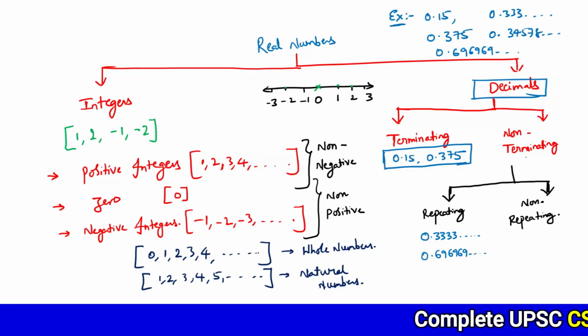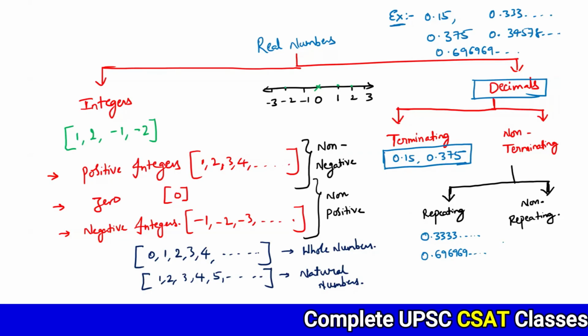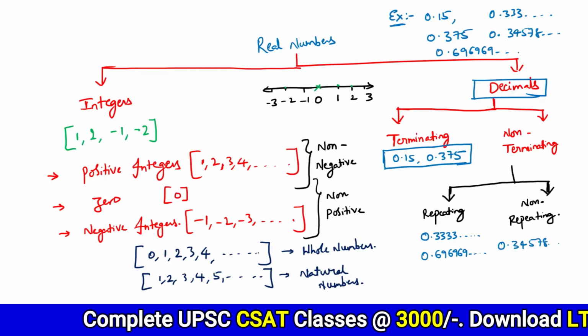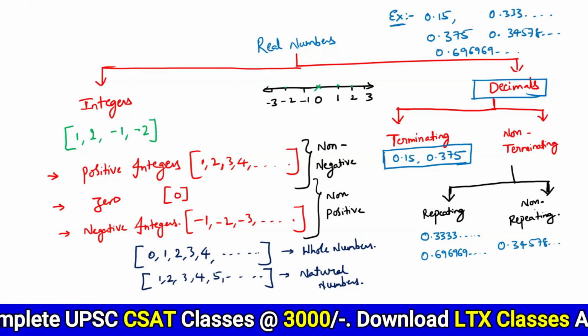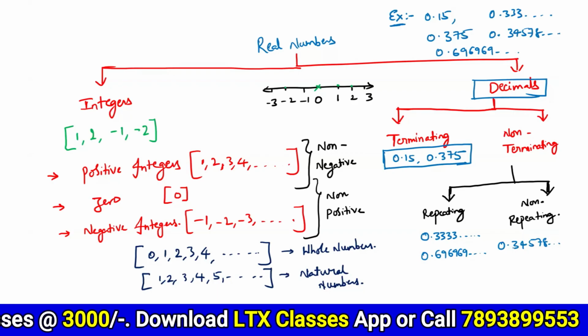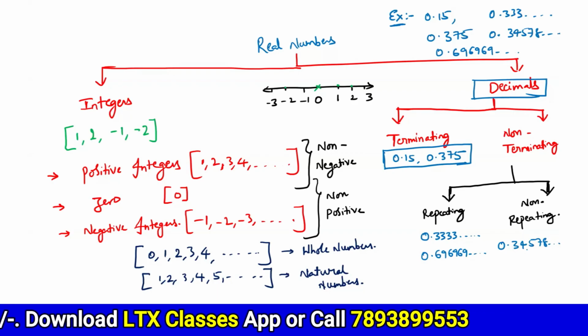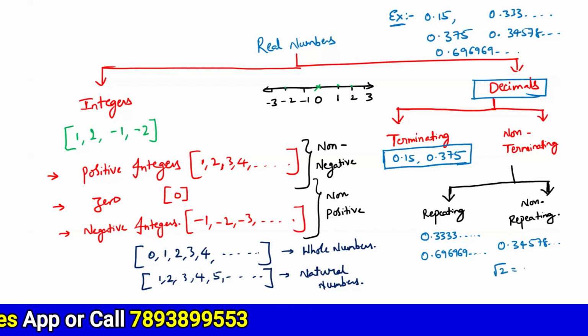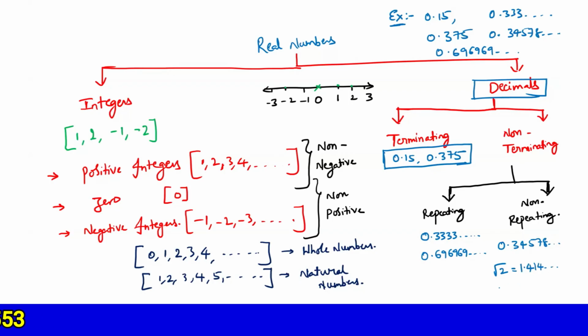And now coming to non-terminating, non-repeating. It is like root 2, or 0.3578. So these types of examples will be considered as non-terminating, non-repeating, because after the decimal point, the numbers will not be repeated. Or else, the value of root 2, 1.414 and so on.